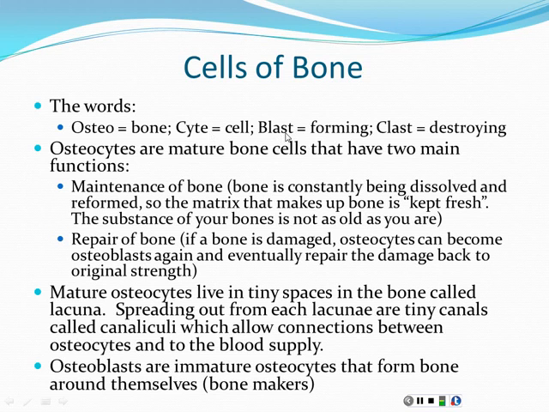This is a new one, a blast cell. Blast means to form or to create. And then clast is the opposite. Clast means to destroy. Because what we find is that we have osteocytes, osteoblasts, and osteoclasts. And each of those three cells do something different.